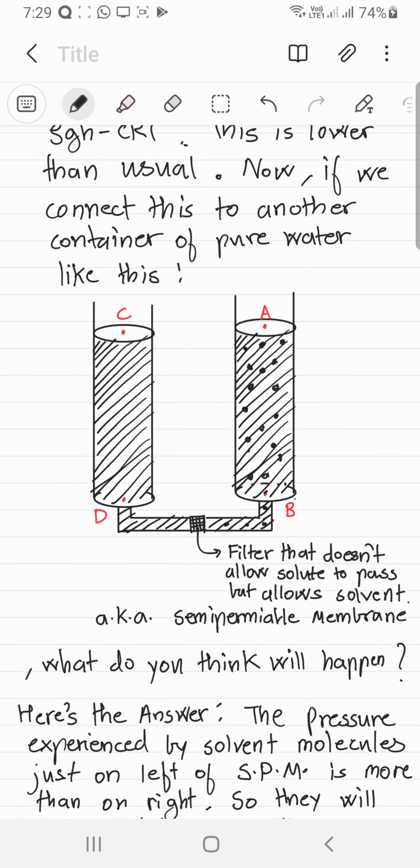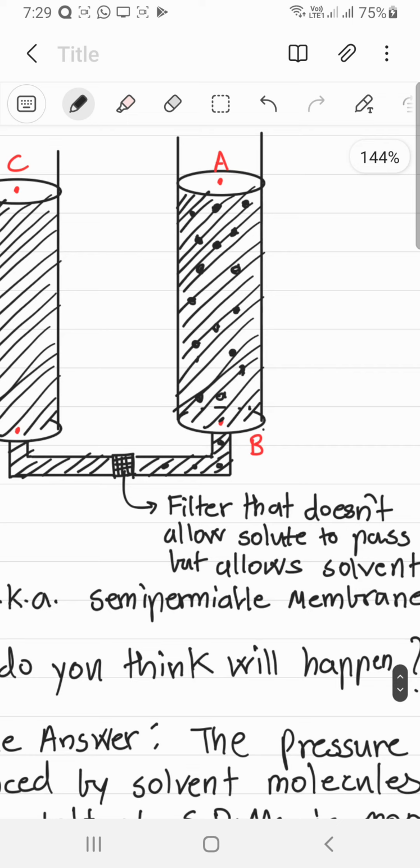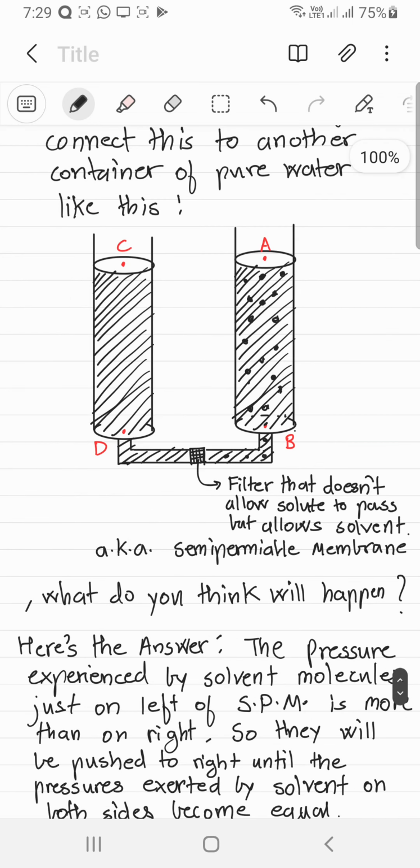Okay, now let's go to something a bit more complicated, where we are considering two of these columns, one with pure solvent and one with the solute in it. As you can see, on the left hand side of this semi-permeable membrane, the water molecules are experiencing more pressure, and on the right hand side they are experiencing less pressure.